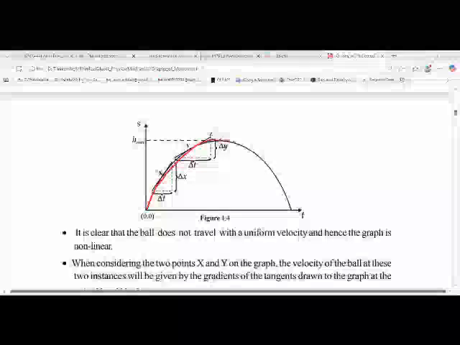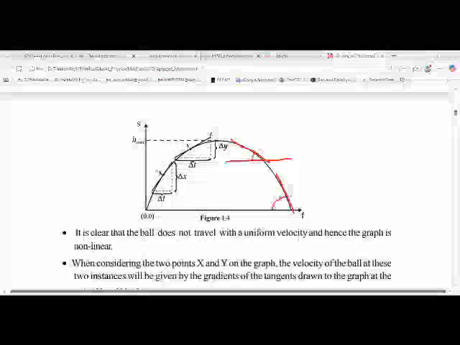What about the other part? If you draw a tangent, you can see the gradient is increasing. Here this angle is increasing.